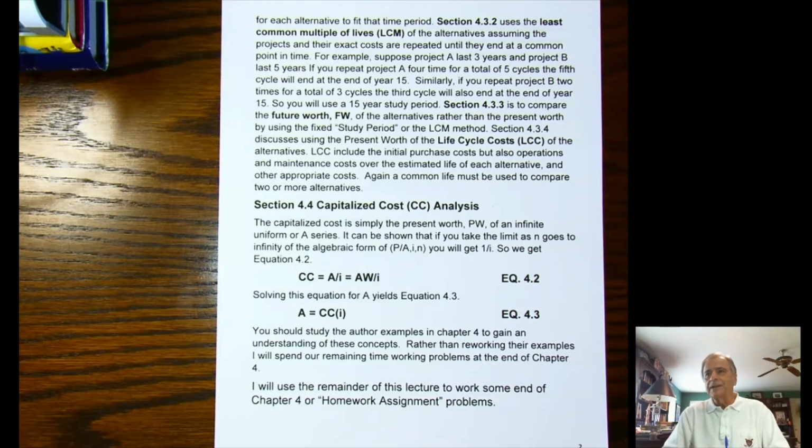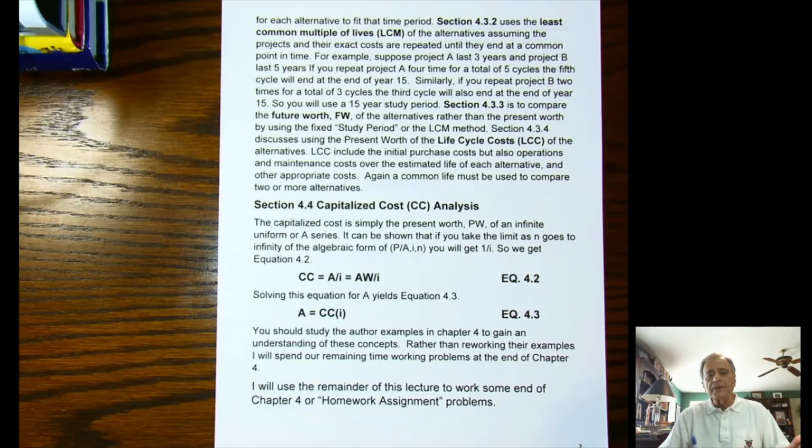Now, certainly you and I both know that's not really realistic with inflation, with changes in prices and so on and so forth, but that's what we have to do to be able to compare two projects that have different lengths on a common time frame. So we get this common time frame by choosing the least common multiple of lives.